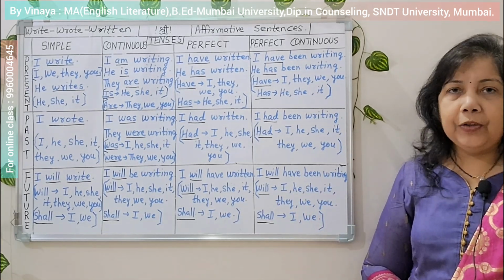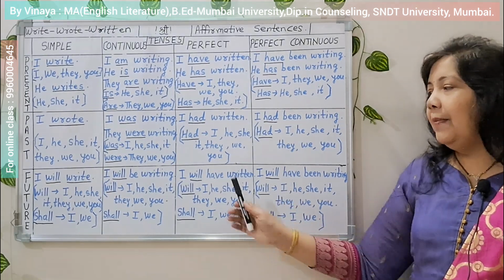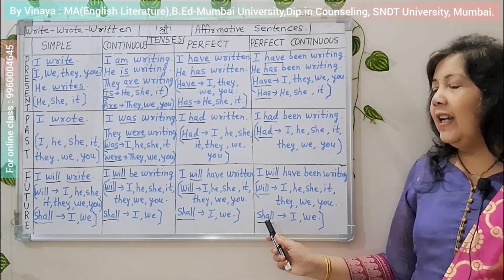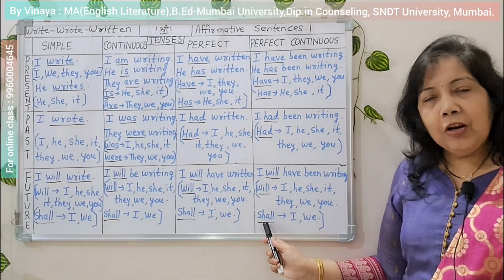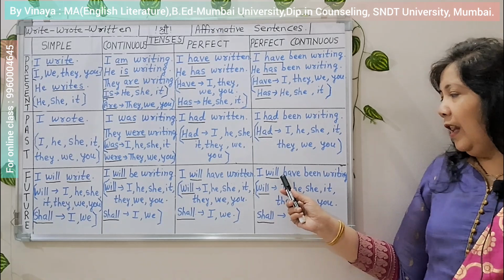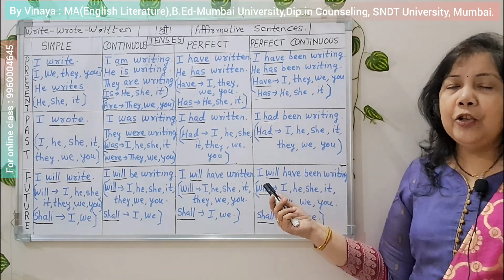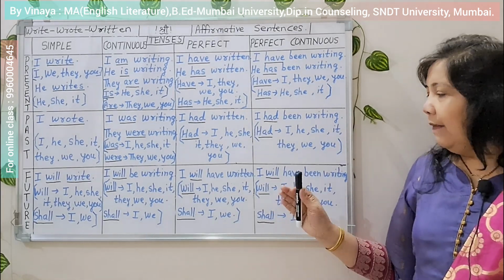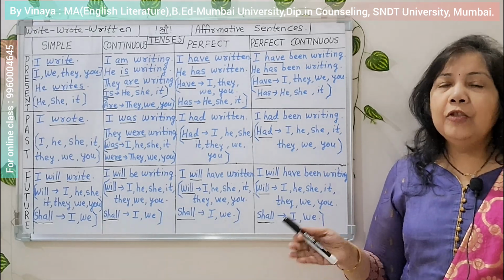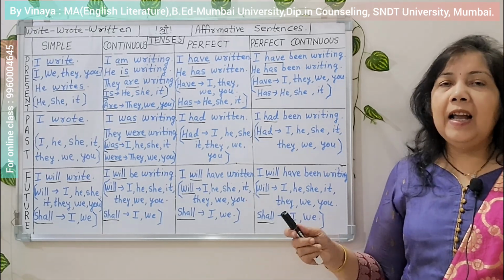Again the same thing I am repeating. When I or we are the subjects, we can take will or we can take shall also. So we can say this sentence as I shall have been writing. We shall have been writing. Will is used for all nouns and pronouns including I and we. Shall is used only for I and we.